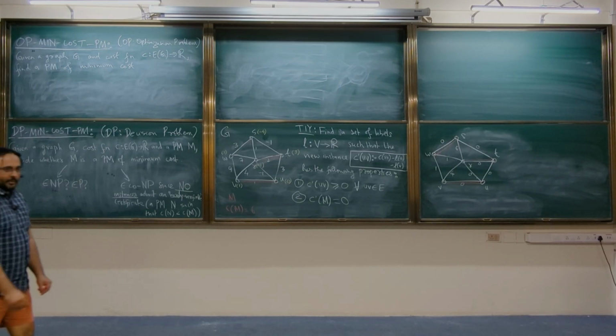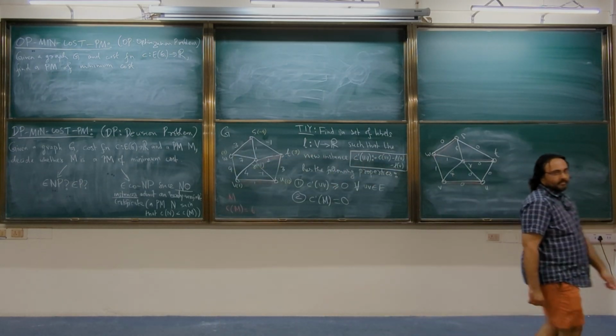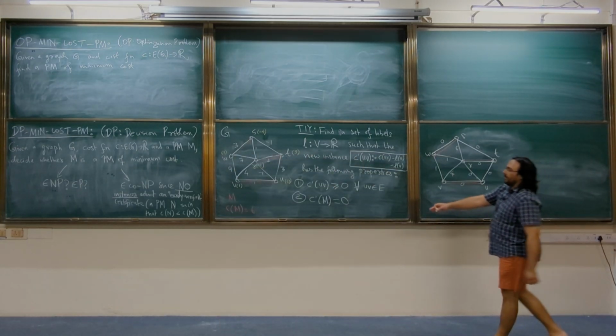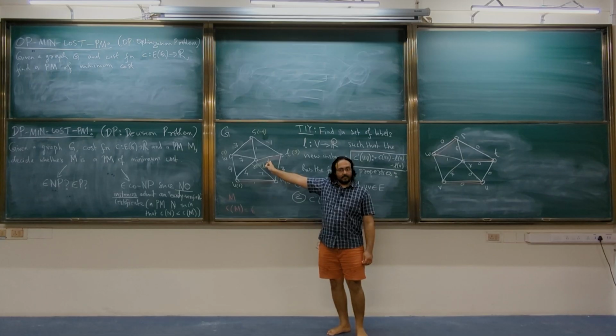Yeah? No mistakes, all okay? What is the conclusion? M is indeed a perfect matching of minimum cost in this instance.